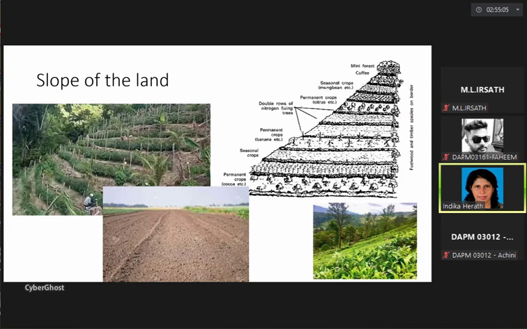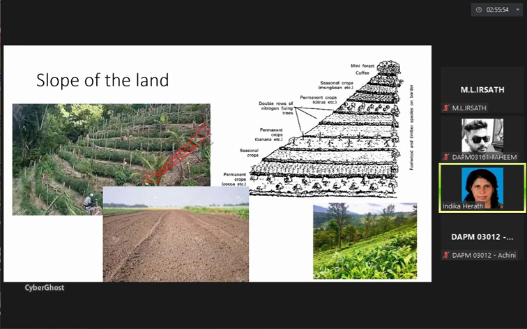If you think about this land, the slope goes this way. Any water falling onto the upper land areas will move along this direction. When a high amount of water moves like this, it will not only carry water but also carry soil particles from these areas.